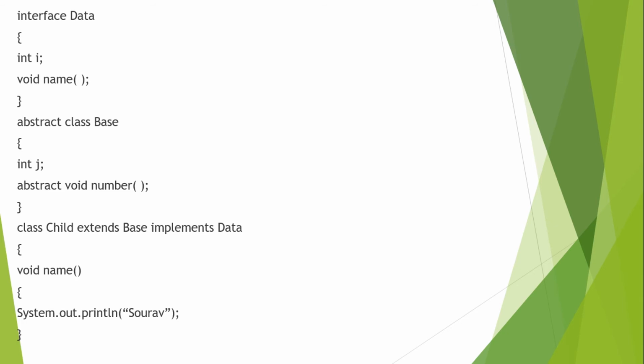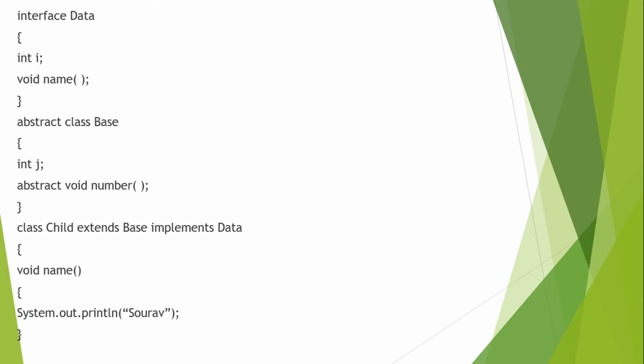Inside the interface I have declared a variable i, which is a data member, int i, and a method named name, which is declared and the method body is not there. As we have already learned, an interface does not have a method body. So that is an abstract method, which is by default abstract.